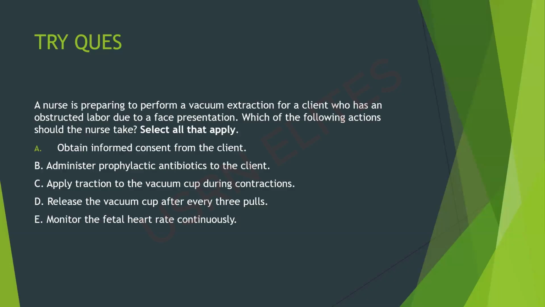Releasing the vacuum cap after every 3 pulls. Okay. This has to go concurrently with the push of the mother. As the mother is pushing, you are pulling, and you release when the contractions stop. And then when the contraction comes again, you pull, maybe for the second time. And then for the third time. Okay, thank you.